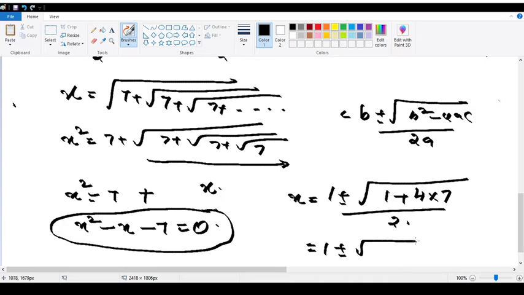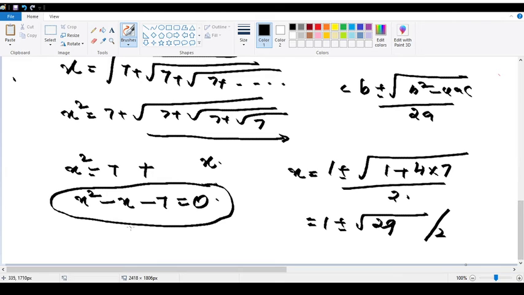So 1 plus or minus root 29 by 2. We get 1 plus root 29 by 2 or 1 minus root 29 by 2, isn't it? So the given sequence either converges to 1 plus root 29 by 2 or 1 minus root 29 by 2.